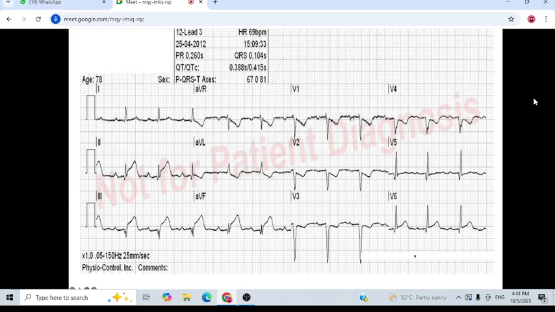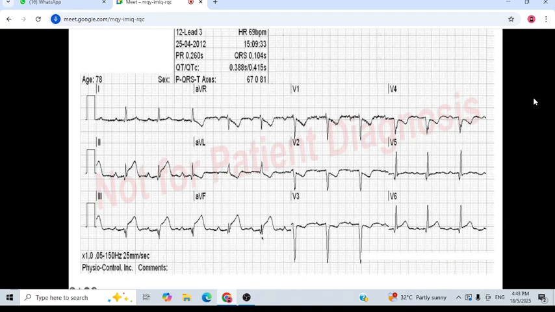Usually we see the rhythm in lead 2, but this one, if you look at it, the rhythm is quite regular. So usually we pick the longest lead, the easiest for you to see. If you look at this, from here to here is about 4 boxes, here to here is about 4 boxes, here to here is about 4 boxes.